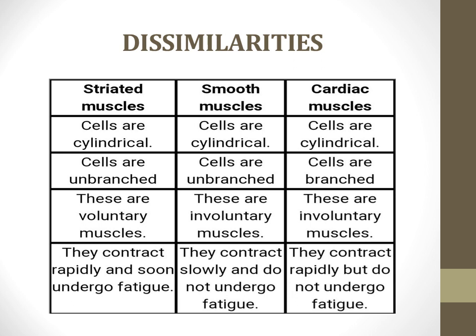Regarding branches, striated muscle cells are unbranched. There are no branches. Smooth muscles also have no branches. They are unbranched. But cardiac muscle cells are branched, as we said in the figure. Then striated muscles are voluntary muscles, and smooth muscles are involuntary muscles. Cardiac muscles are also involuntary muscles.